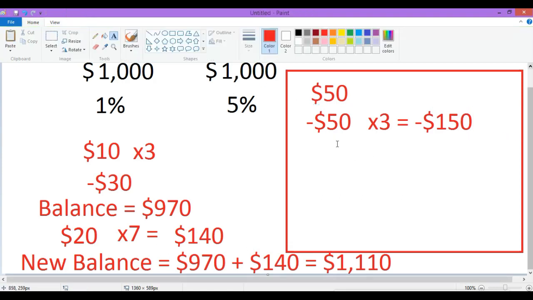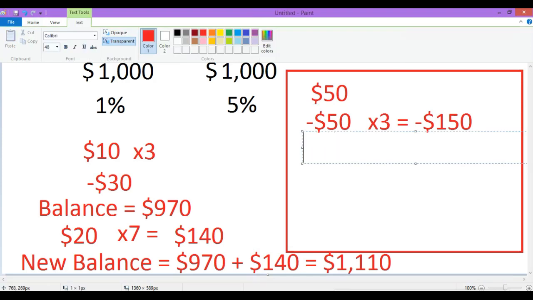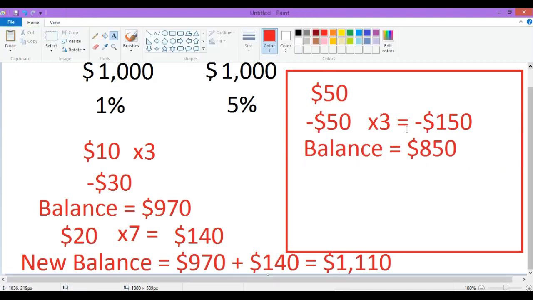His balance has fallen to 1,000 minus 150, which is 850. Yes, his balance has fallen to 850 after losing the first 3 trades.